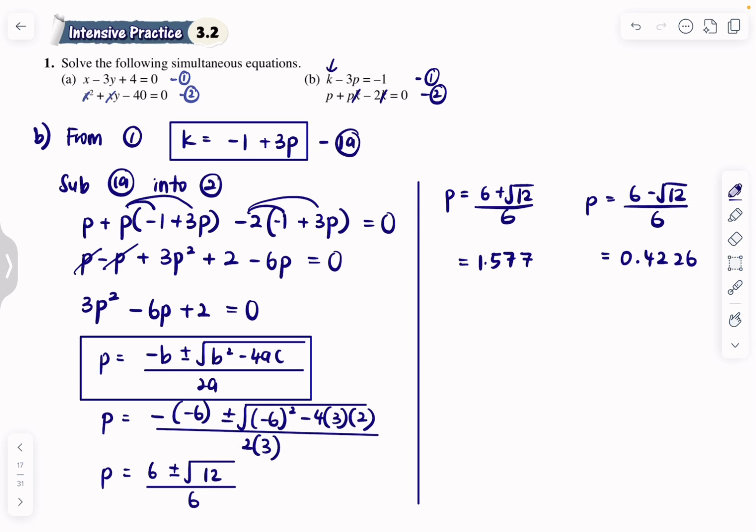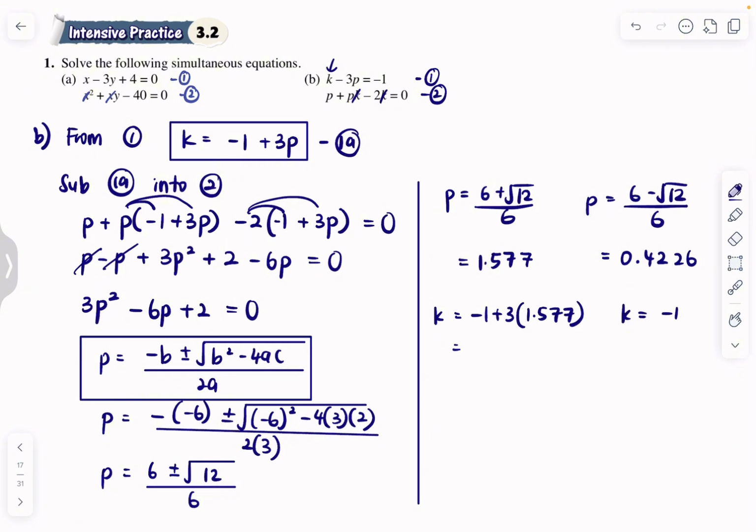Okay. So now that we have the values of p, we can go ahead and find the value of k. So we just have to sub it into this equation. So k will equal to negative 1 plus 3p.